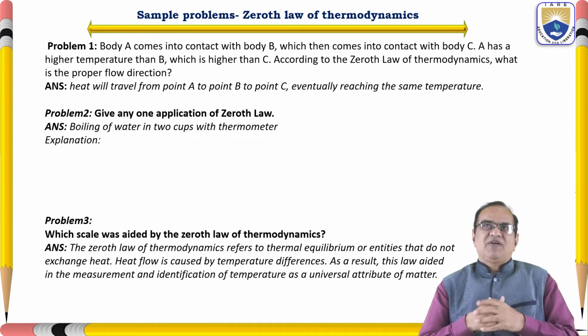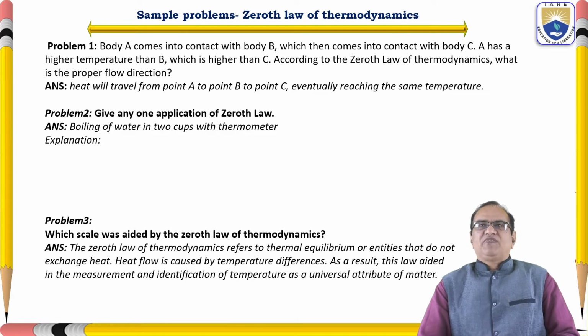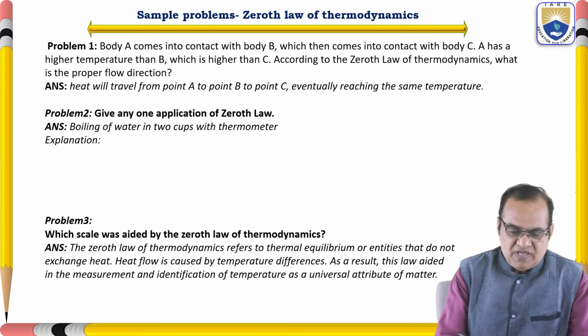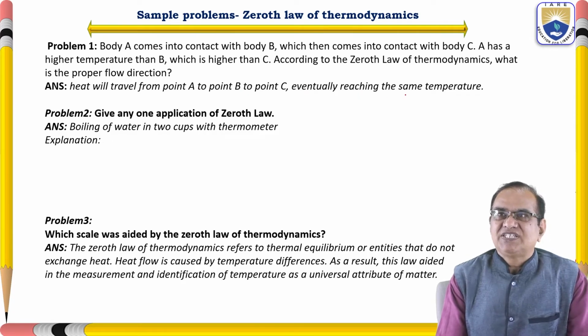The first example: body A comes into contact with body B, which then comes into contact with body C. A has a higher temperature than B, which is higher than C. According to the zeroth law of thermodynamics, what is the proper flow direction? You can see that the heat will travel from A to B to C, eventually reaching the same temperature.